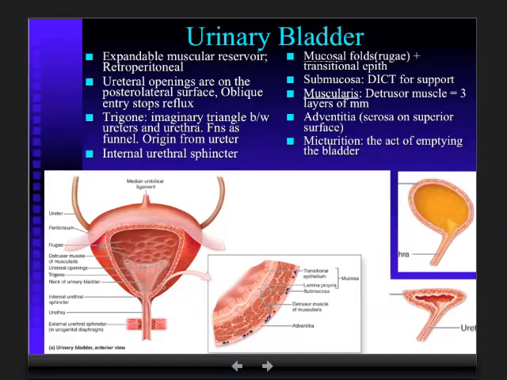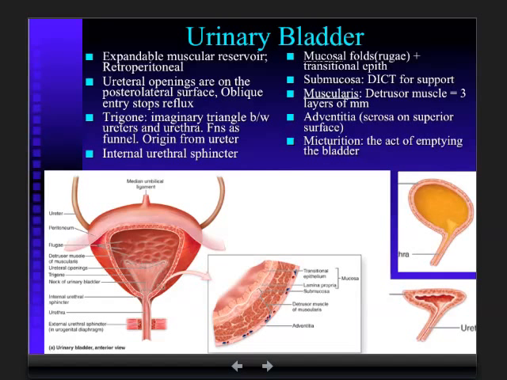So what do you think triggers the contraction of the detrusor muscle? Sympathetic or parasympathetic? Parasympathetic. You're not going to empty your bladder in times of stress. You're going to empty it when you're relaxed. Is that okay?